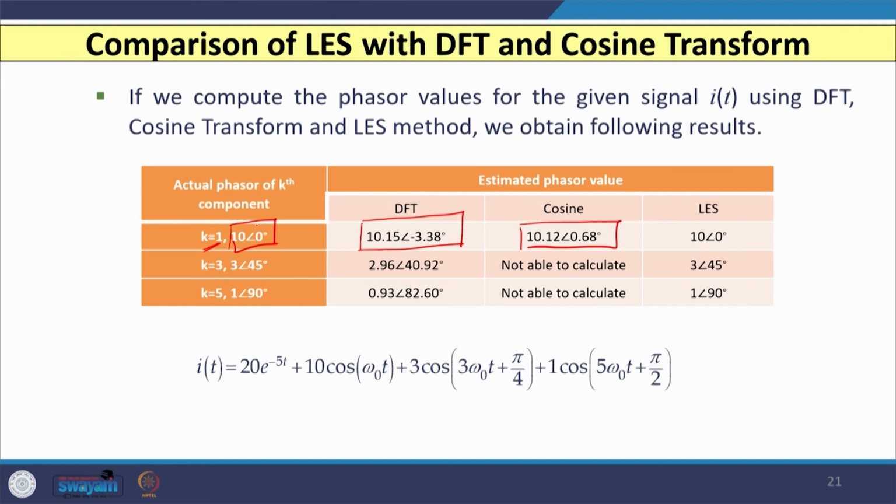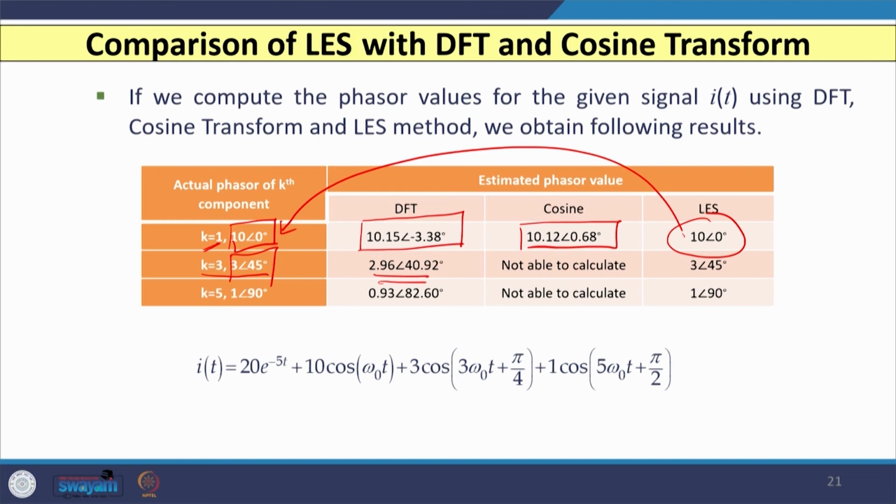But if I use the LES technique, we have exactly the same value as the actual one. In the same way, if I calculate the phasor value for the third harmonic by putting k equal to 3, the actual value of this phasor is 3 angle 45. If you obtain this value using DFT, then you have 2.96 at an angle 40.92.